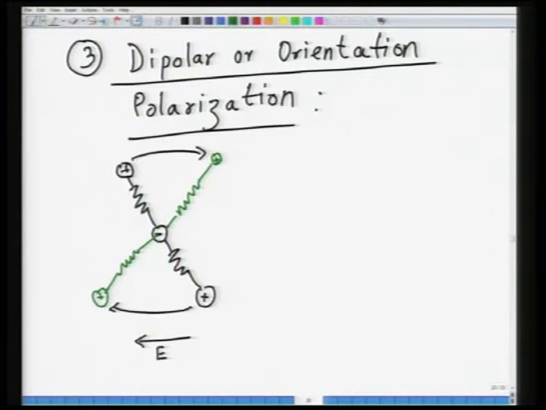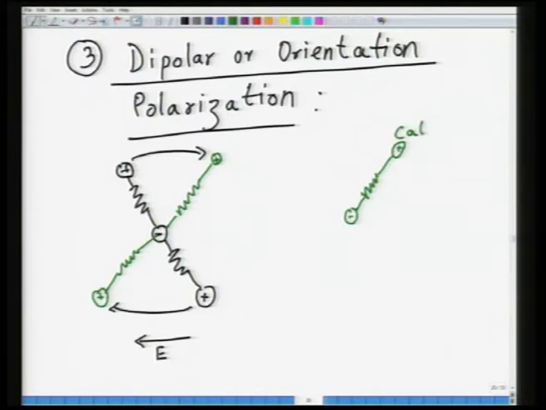Now this is one mechanism, dipolar polarization. Another could be coming from one state to another state. So, for instance, if you have a picture like this, let us say this is your negative charge, this is your positive charge.